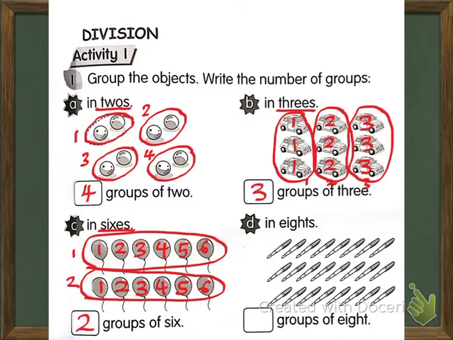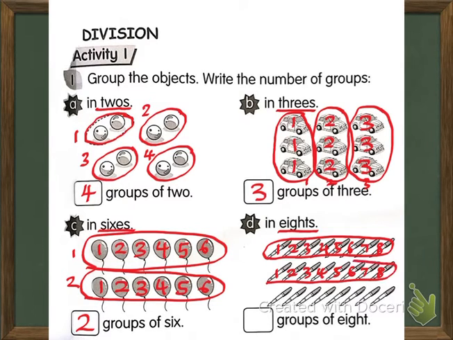Next one is in 8. Group the objects in 8. So you have to count 1, 2, 3, 4, 5, 6, 7, 8. Group it. Another one, 1, 2, 3, 4, 5, 6, 7, 8.